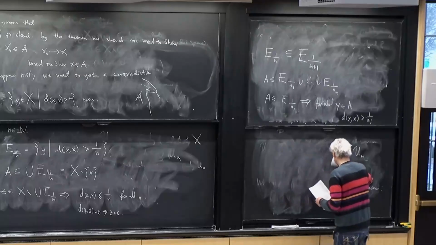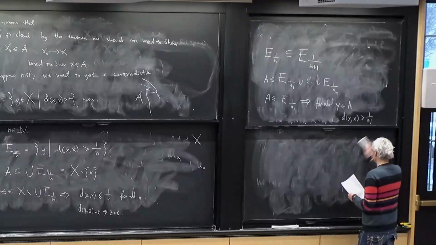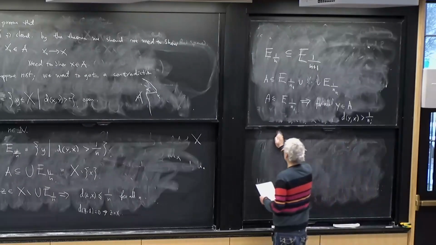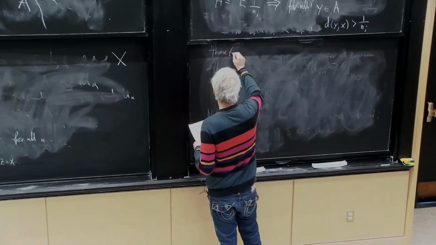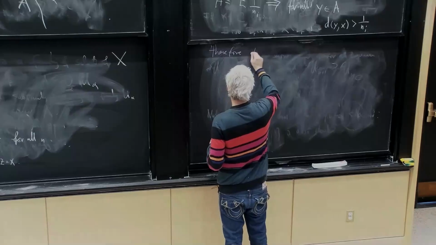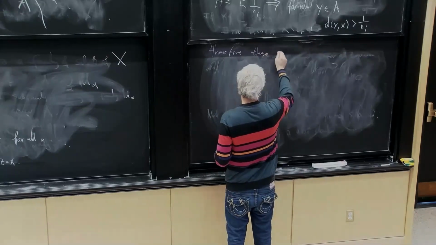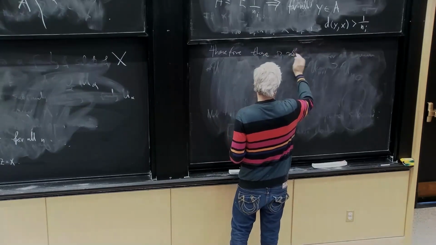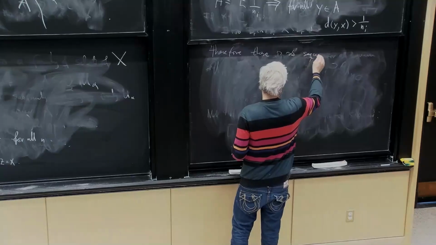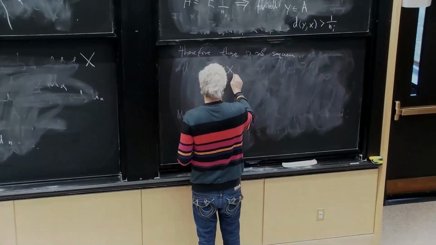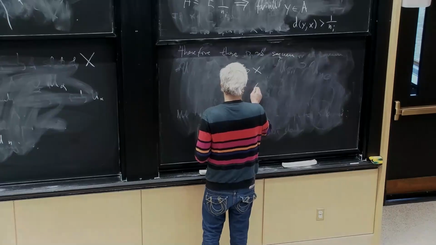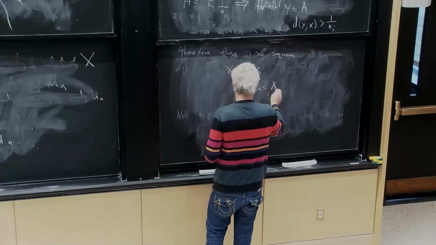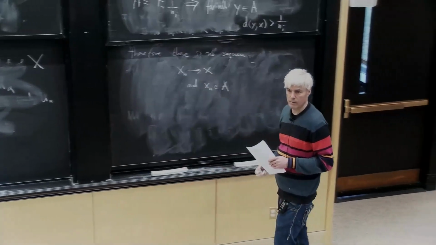So this is the desired contradiction. Therefore, there is no sequence xn that converges to x with the xn in A. But that's what we assumed in the beginning.